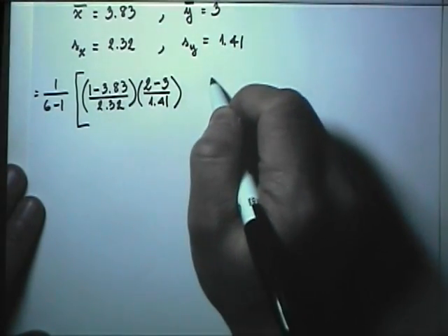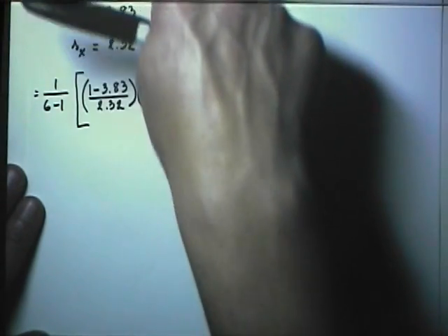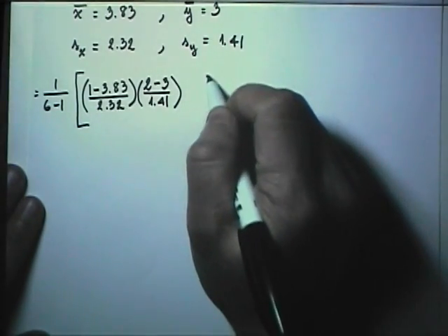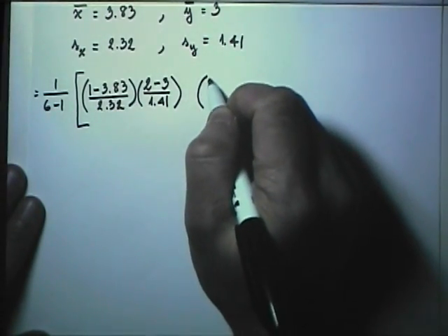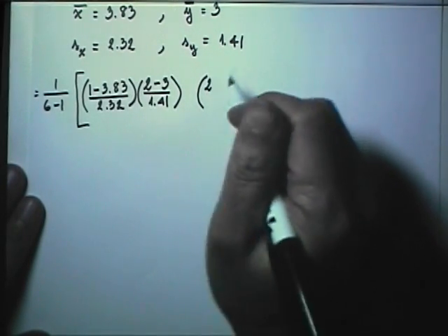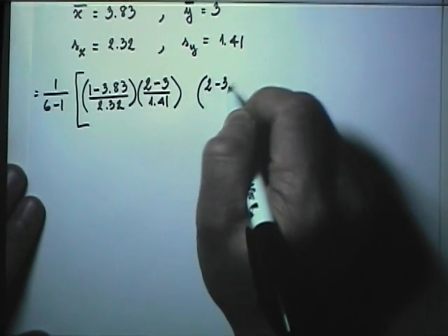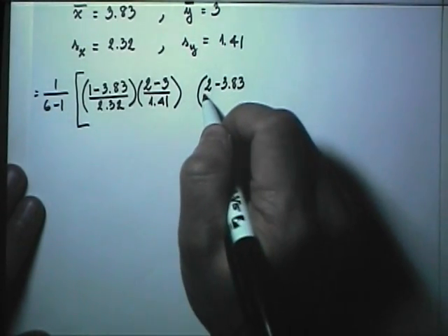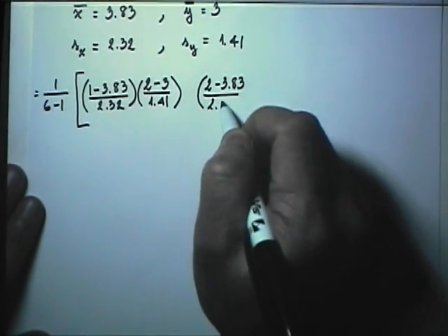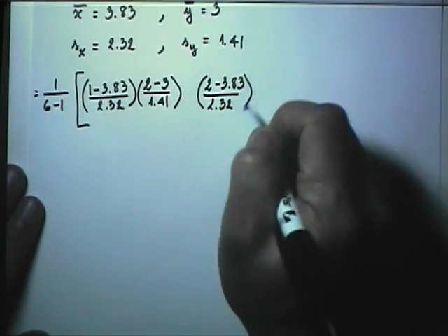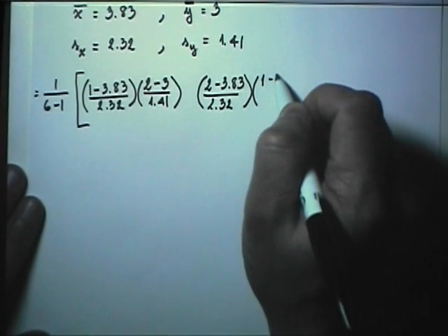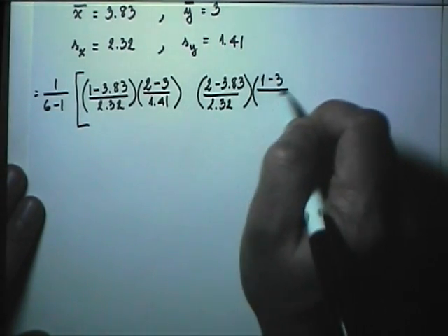Now I look at my second data point. It has an x value of 2, minus 3.83, the mean for the x values, divided by the standard deviation, 2.32. Then the y value, which is 1, minus 3, divided by 1.41.